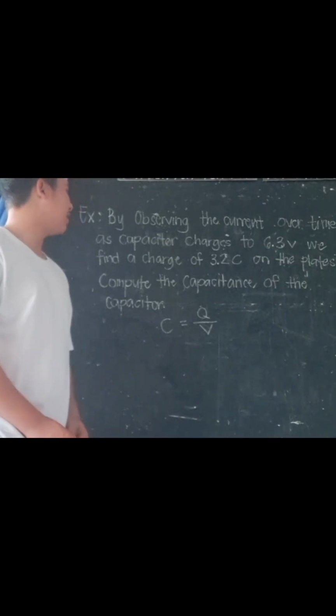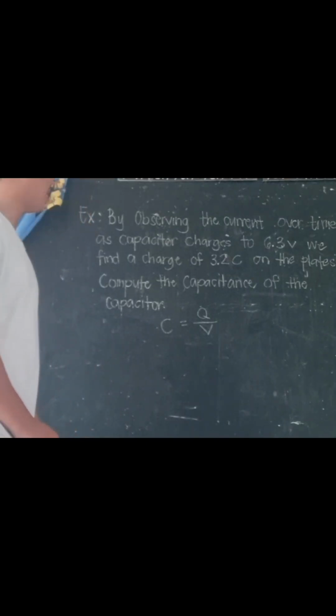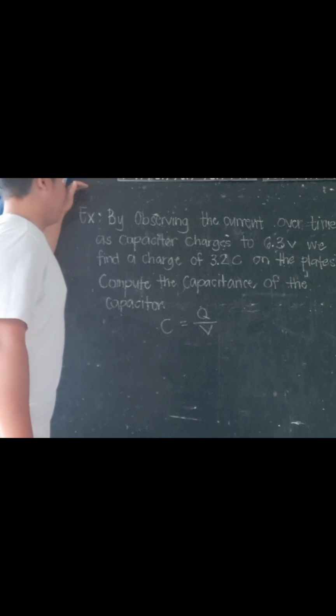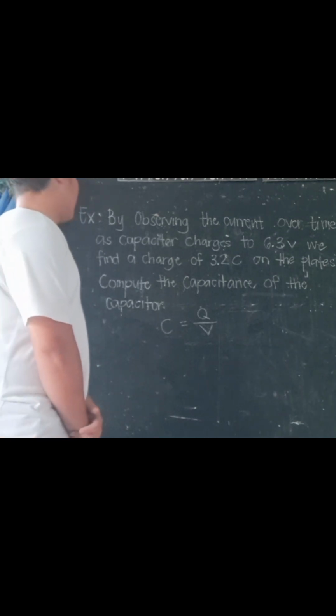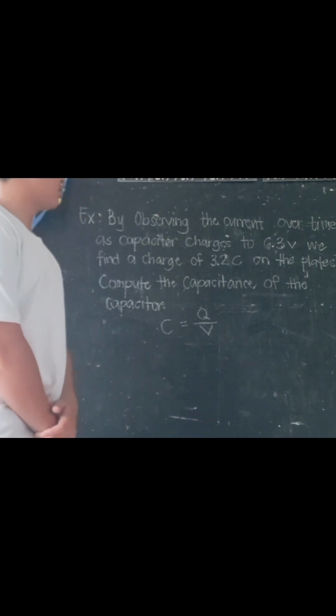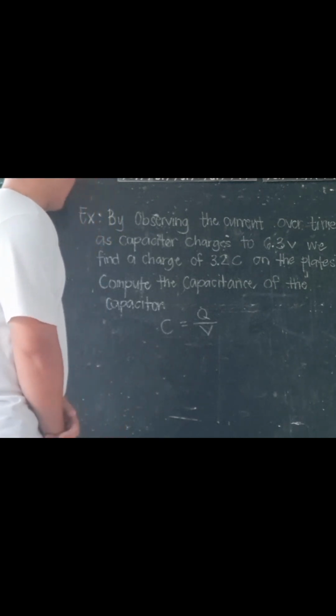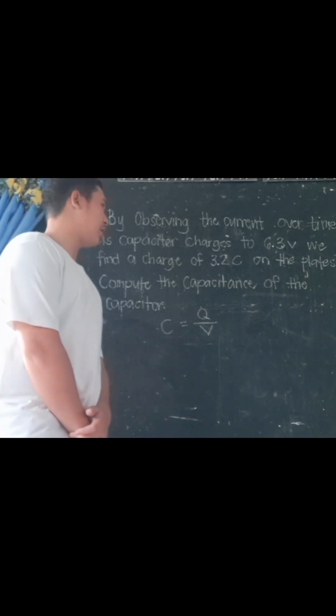To understand the nature of the capacitance of the capacitor, here is an example. By observing the current over time as the capacitor charges to 6.3 volts, we find a charge of 3.2 C on the plates.